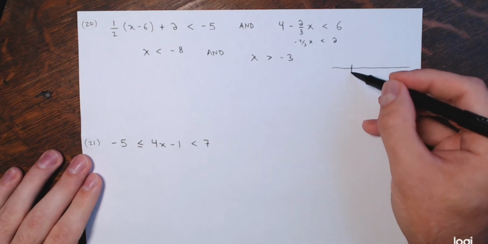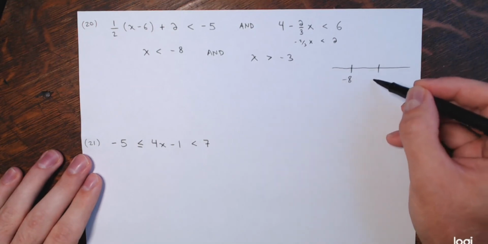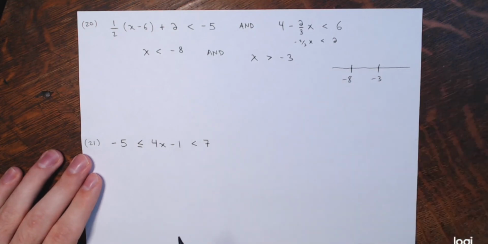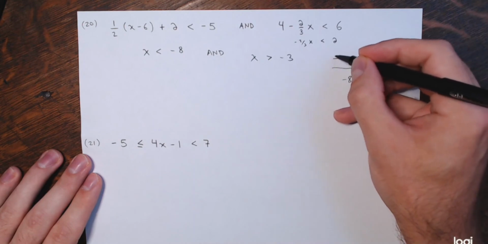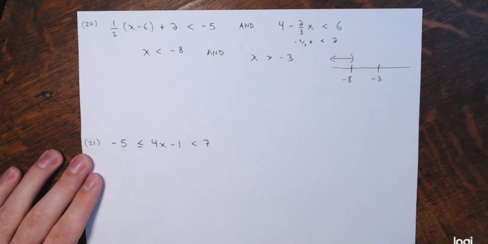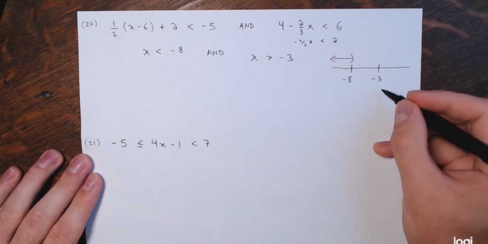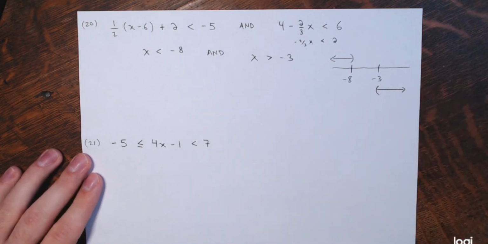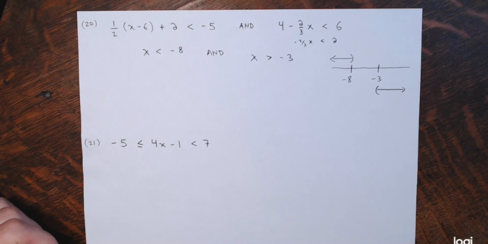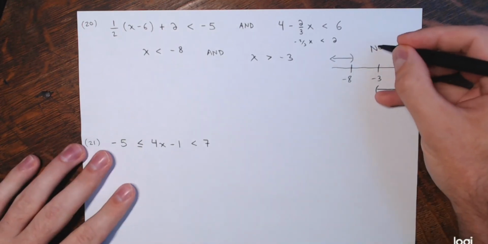So the numbers mentioned are negative 8 and negative 3, and don't forget, negative 8 would be to the left of negative 3. X is less than negative 8. That's these numbers. X is greater than negative 3. That's these numbers. And yet again, as in the previous several examples now, there's no overlap.